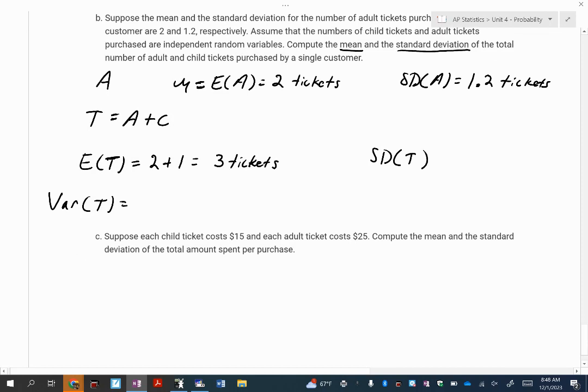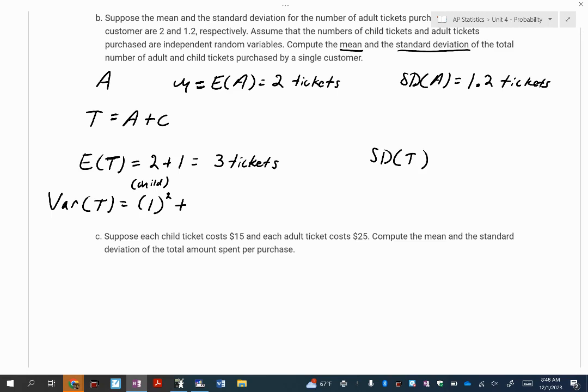What was the standard deviation for the number of child tickets purchased from part A? 1. Very good. So I'm going to do 1 squared. Make sure you know this is the child. What is the standard deviation they gave us for the number of adult tickets? 1.2.